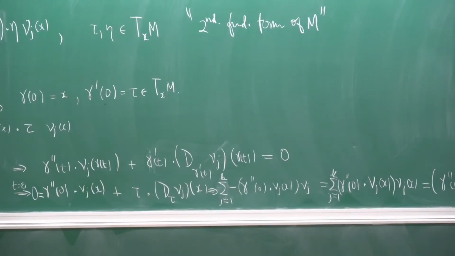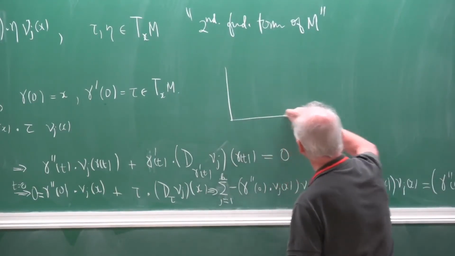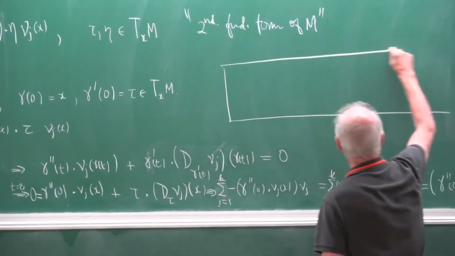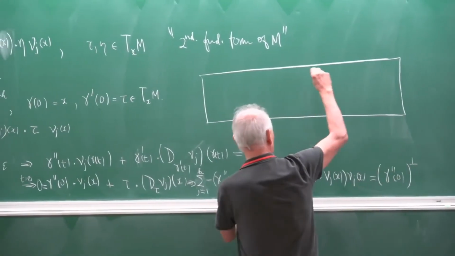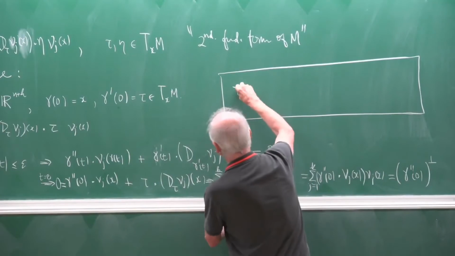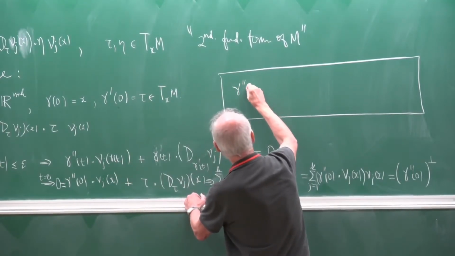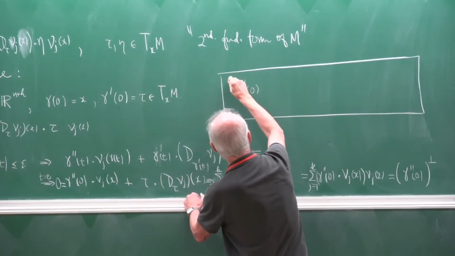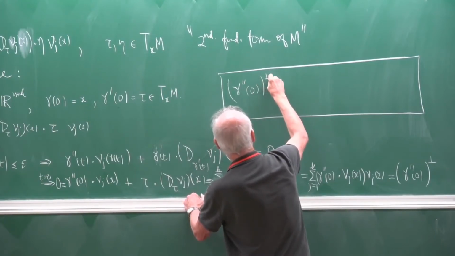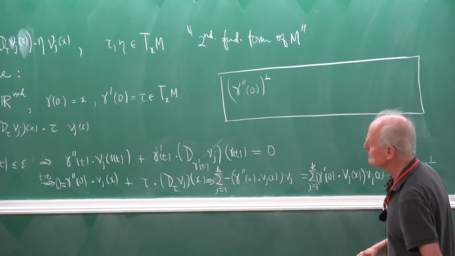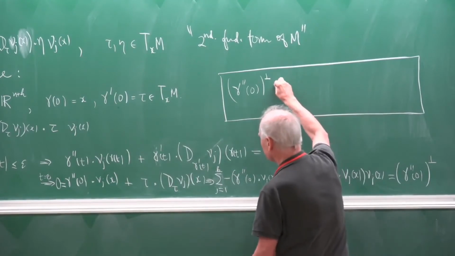Equals that. So in other words, we get this nice formula that tells us what the second fundamental form really means. Namely, if you take any such curve and you take the normal component of it as it passes through x, then that's exactly equal.